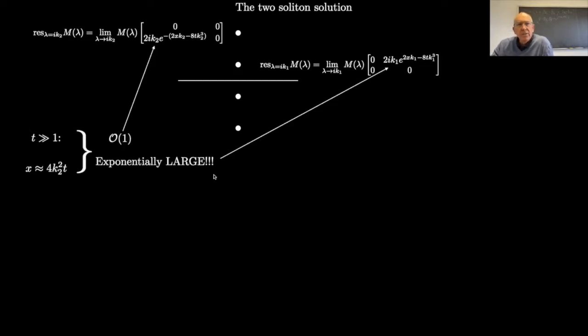If I choose x near 4k2 squared t, this term here is still order 1. That looks pretty good. However, the other residue, which formerly was negligible, is now exponentially large. So that looks like a problem, because we would believe there's no contribution from the residue at IK1.